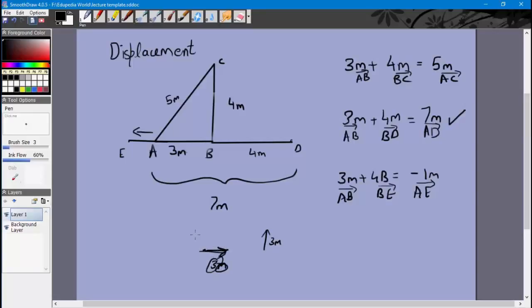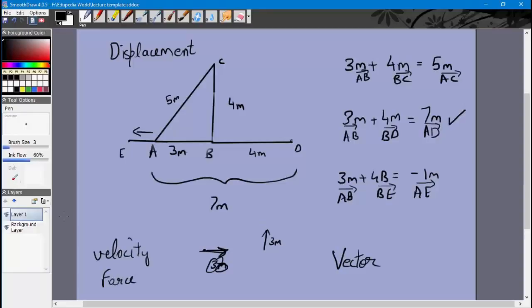A physical quantity that needs its direction to be uniquely specified, not just its magnitude, is called a vector. Other examples of vectors could be velocity, force, and so on.